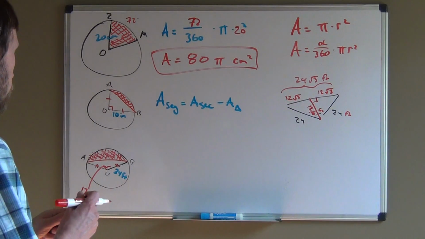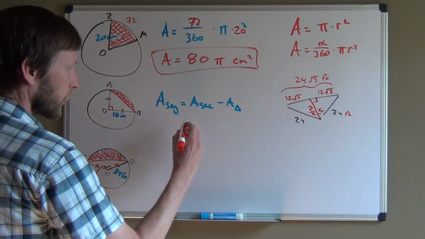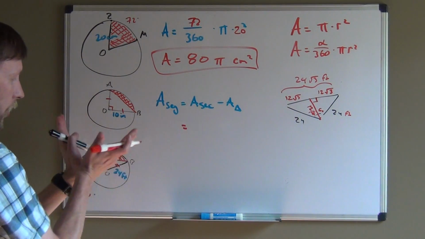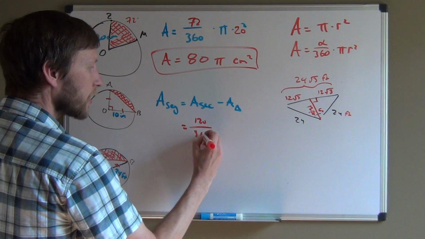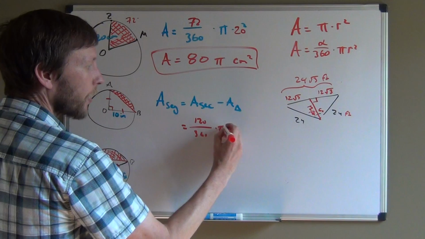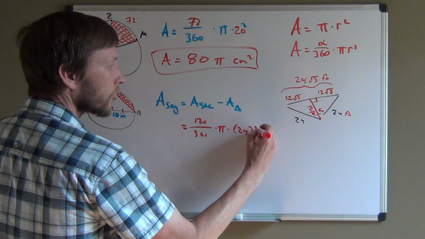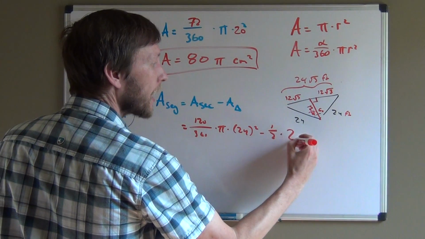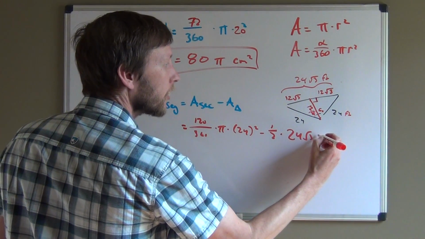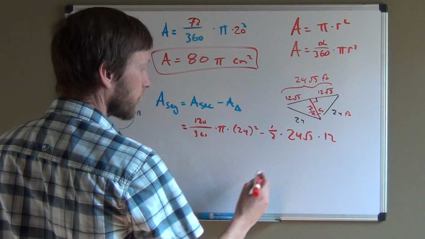The area of our segment, in this case, is going to be the area of this sector, which again is 120 degrees out of 360 degrees, times pi times our radius squared, minus 1/2 times the base, 24 square roots of 3, times the height of 12 feet.